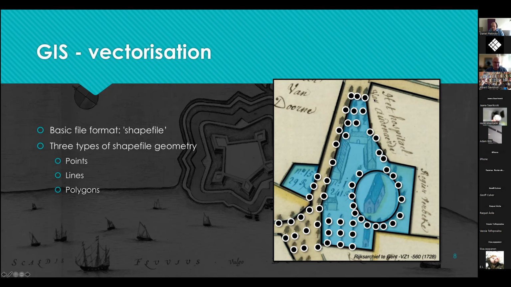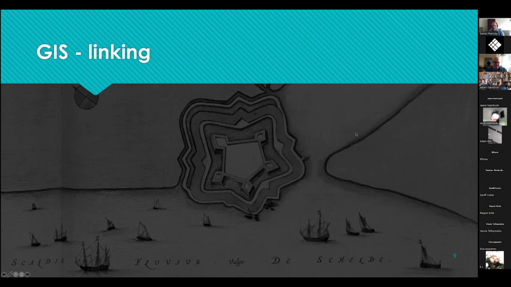And of course, you can do that with points, with lines, with a polygon, a surface with the points on the edge. And so in this way, the shape files define areas, define certain properties, parcels, for example, that are useful to put in the map.